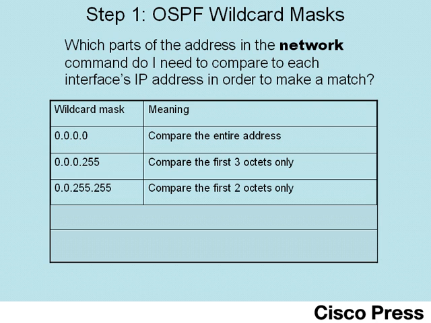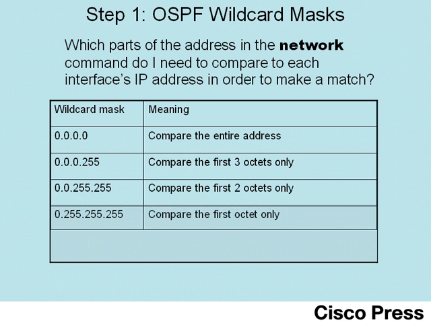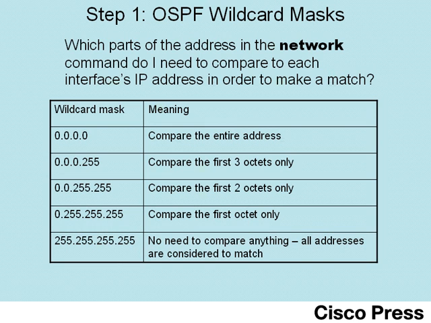For instance, if an IP address on an interface started with 1.1 and the network command's address started with 1.1, that network command would match that interface. Continuing on, a mask of 0.255.255.255 tells the router to only look at the first octet, and as you might guess at this point, a wildcard mask of all 255s tells the router not to bother comparing anything. This is the case of all interfaces will match this network command.